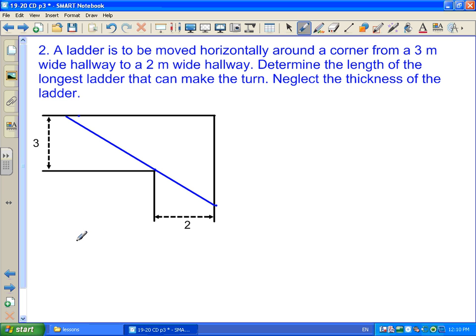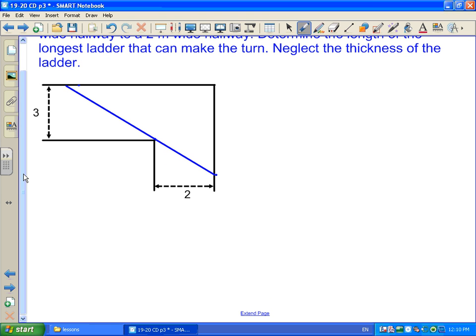All right. So first off, what are we trying to optimize here? What are we trying to make as big as possible or small as possible? The length of the ladder. So we want to optimize the length of the ladder, and we'll just call that L. The trick to this question is to take L, the length of this blue line, and break it up into two pieces at this point where it meets the corner.